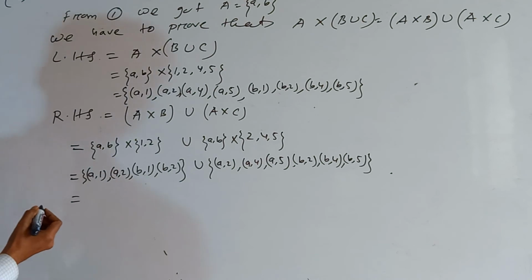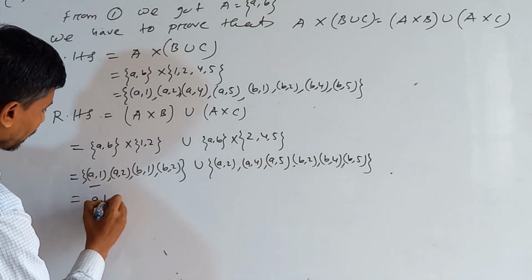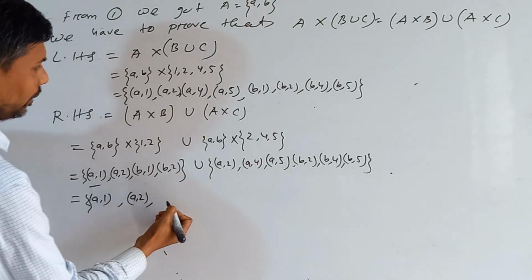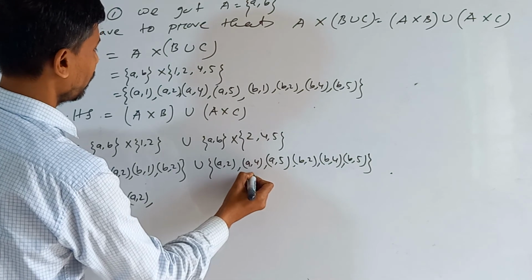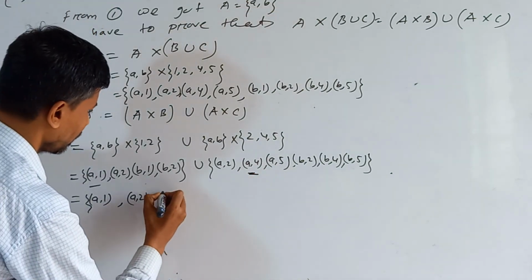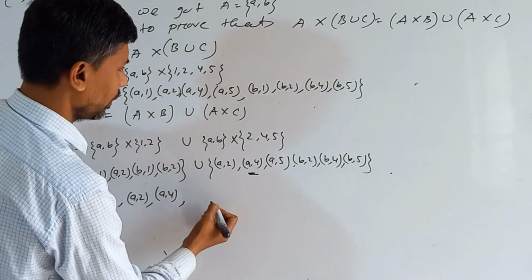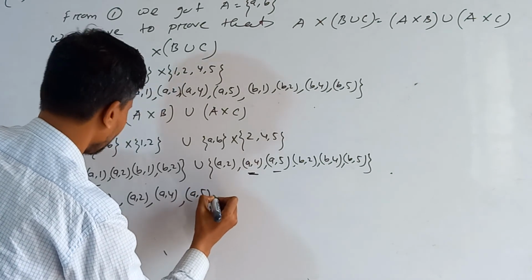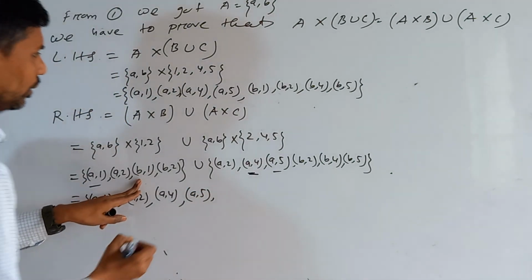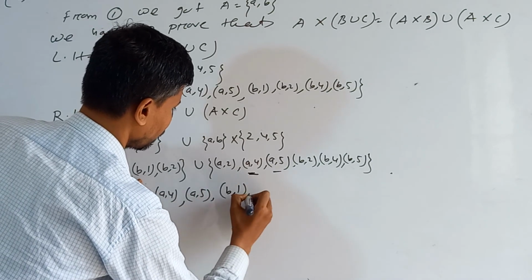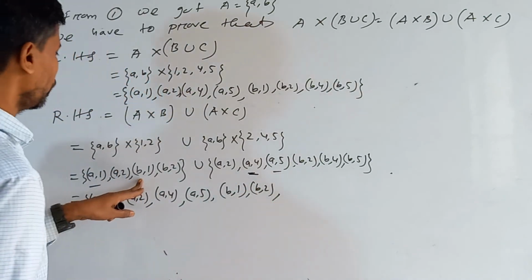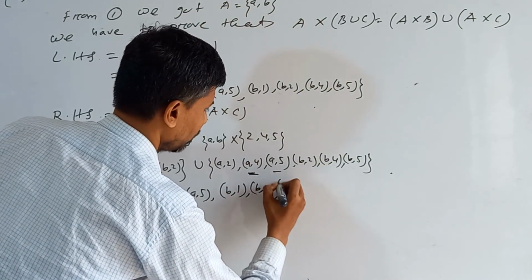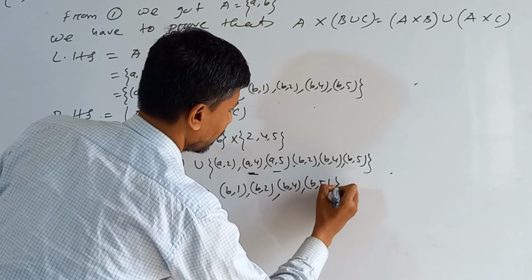Now see a1, right here a1, then a2, a4, right here a4, a5, right here a5, then b1, b2, b4, b5.